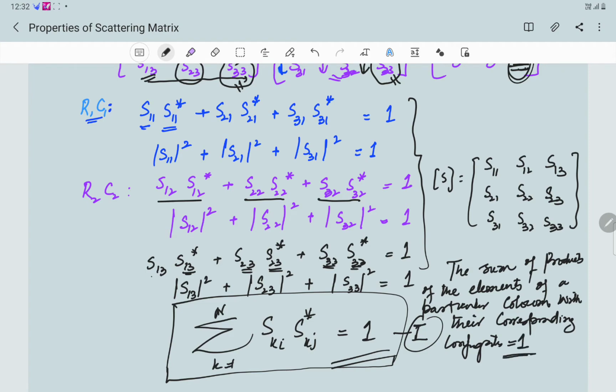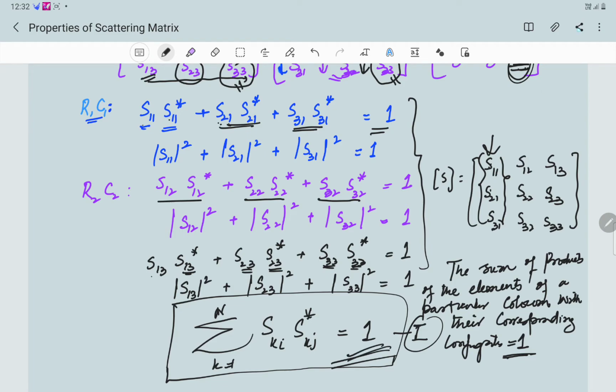All I'm saying is that S11 S11 star, S21 S21 star, for example, S31 S31 star is equal to 1. The sum of products of the elements of a particular column, say for example in this case the column S11, S21, S31, when I multiply these elements with their corresponding conjugates, I get 1.